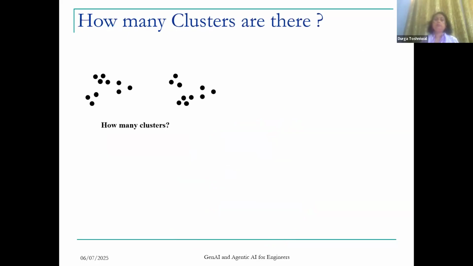So now, if we look at this set of points, how many clusters do you see? Maybe you can respond over chat. How many clusters do you see? 6 clusters. Another answer with 6.